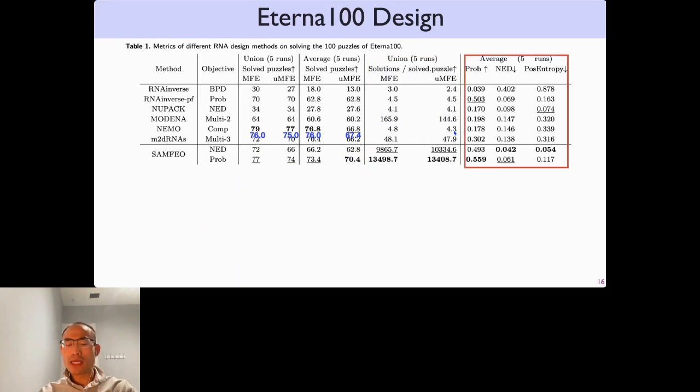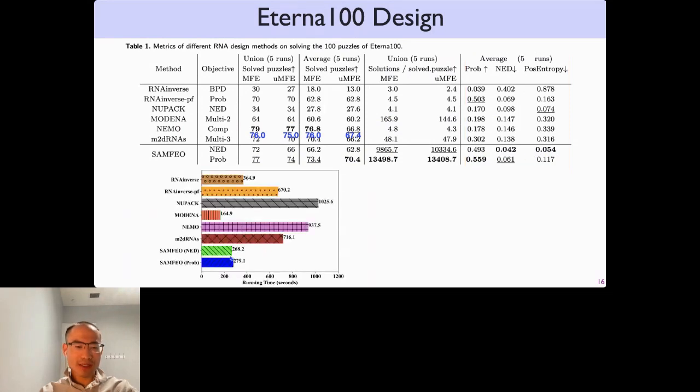And even if we use ensemble metrics as design criteria, we still found that our method is the best performing one with the highest probability, lowest ensemble defect, and lowest positional entropy.